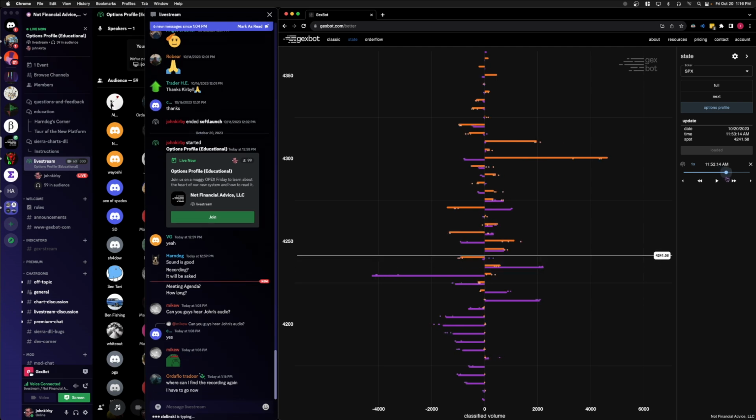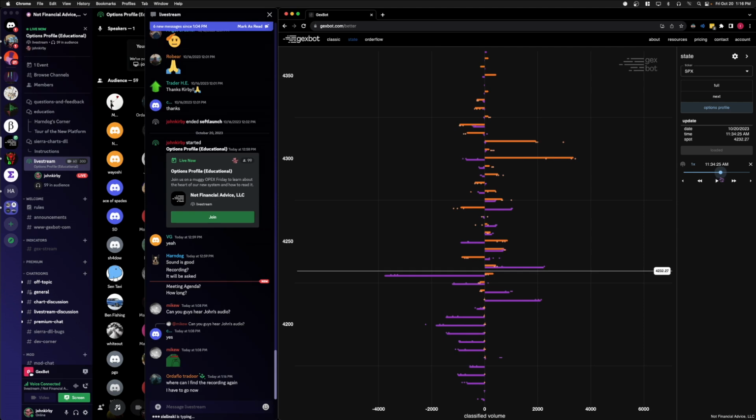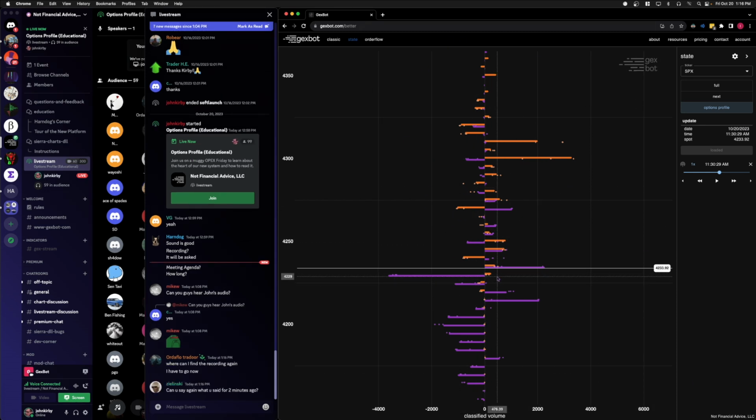So here's a really simple trade from earlier today, which is probably a good starting point. As we were coming down today towards this 42.30 level we've been talking about, there was a pretty interesting inflection point.